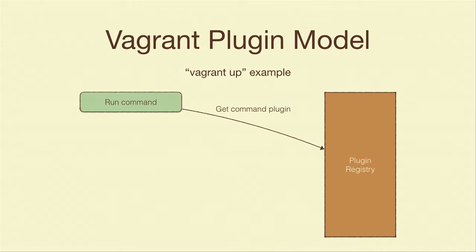So on this first step, Vagrant sees, okay, it seems like a command named up should be executed here. And it requests the plugin registry, please provide me an implementation of that command, how it works. And the plugin registry responds with a suitable class, because we know that this is a built-in command, so no third-party plugin is required for that.